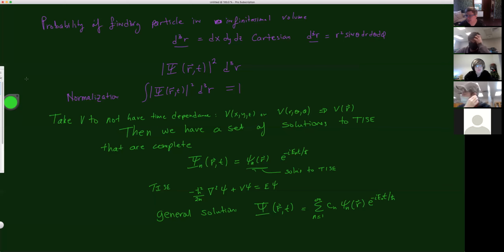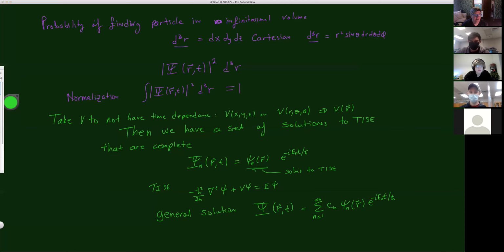Then you could have one other state that takes up the rest. So you can't just make them as big as you like. They're telling you how much of each of the little psi n's is mixed in to get your final state. Does that make sense? Yes. Okay, we've seen that a bunch of times in chapter 2.